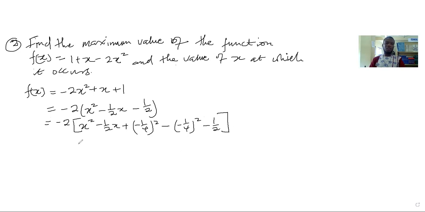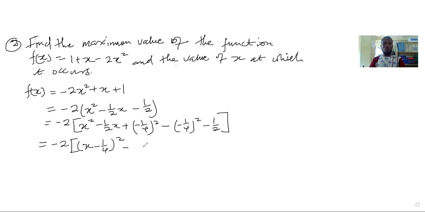We close the brackets, very important. Then we factorize this side, and that's going to give us negative 2 bracket open. We introduce parentheses x minus 1 over 4. We pick this, we put them together, we square both of them. That's why we factorize this out.